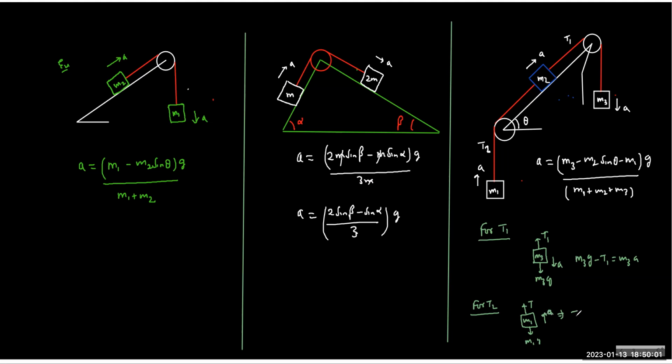The law of motion will be T minus M1g equals M1a. Very good. I'm not saying to solve, but keep it in mind. So you all have realized how to solve questions like this. When the acceleration is the same, we can solve the question, isn't it? Yes. So let's solve this question.